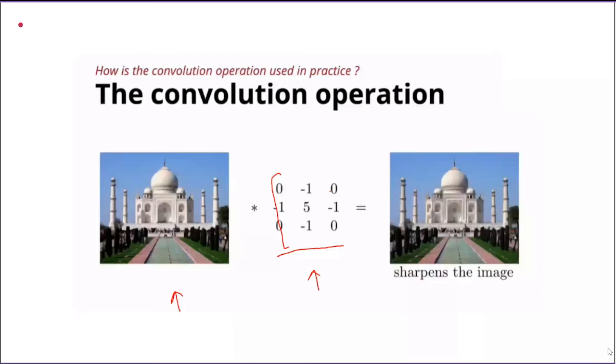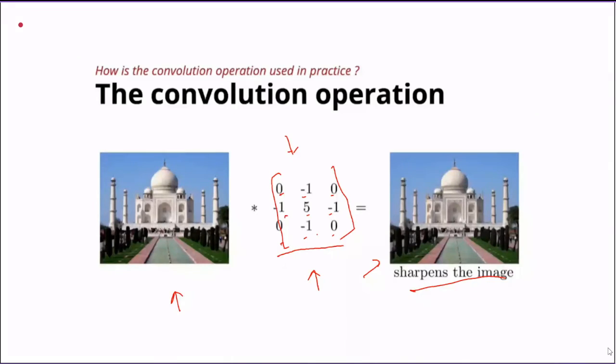So here I am using one type of filter, and this filter is used to sharpen the image. In order to sharpen the image, we take the kernel values as 0, -1, 0, -1, 5, -1, 0, -1, and 0. You can take different kernels with different numbers.